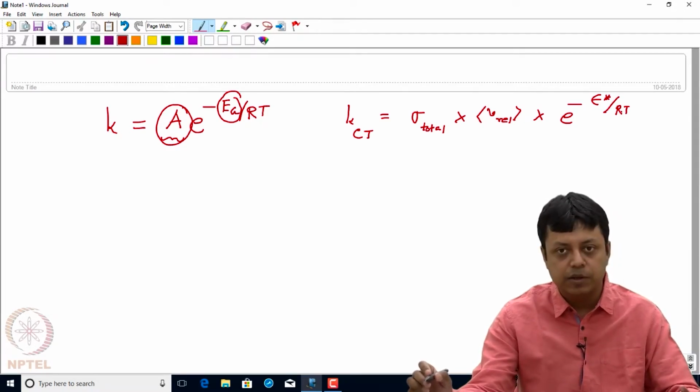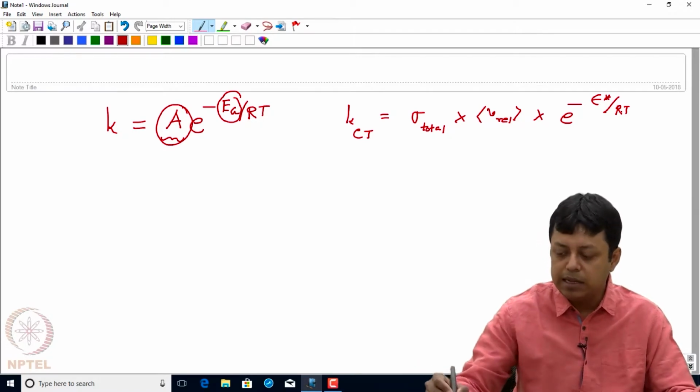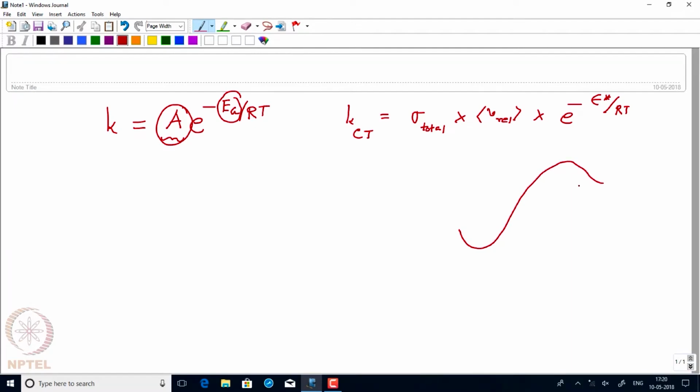Now, there is a difference between E star and Ea. Ea is an experimentally determined quantity, and E star classically means, going from reactant to product, the minimum energy difference that you require to go from reactant through the transition state to products.